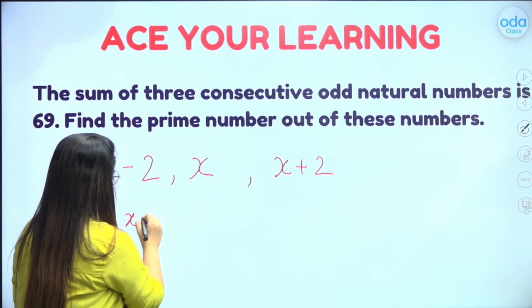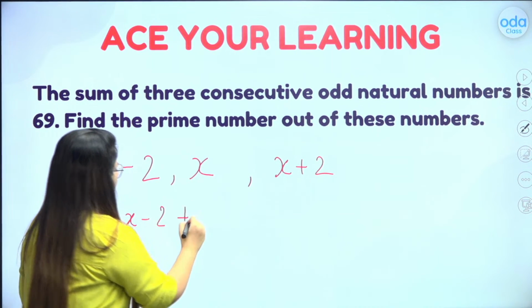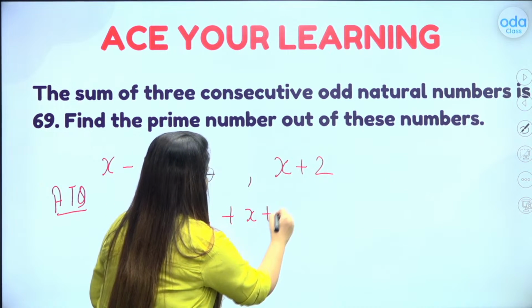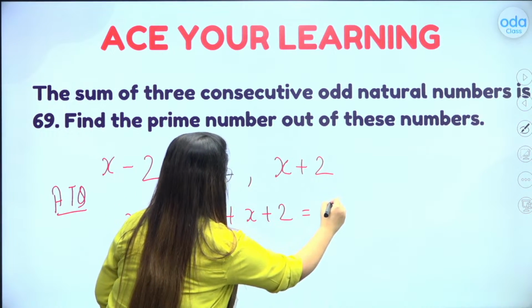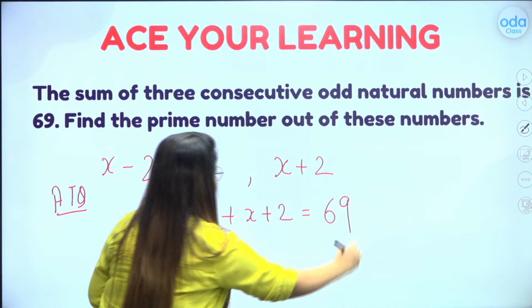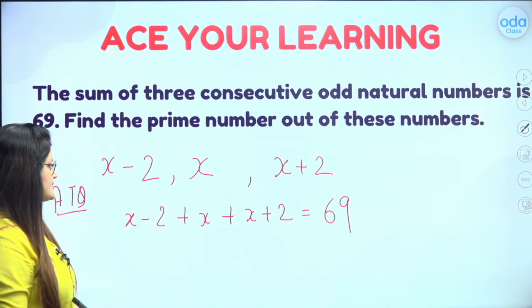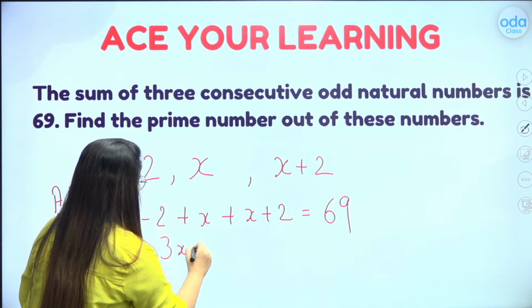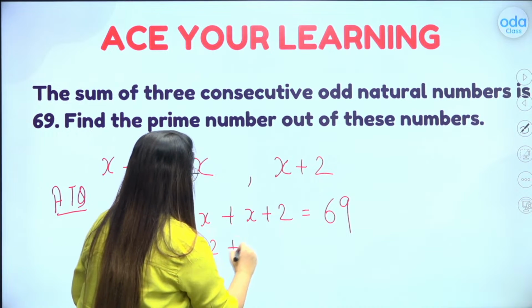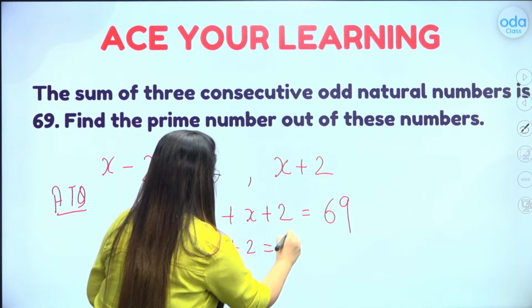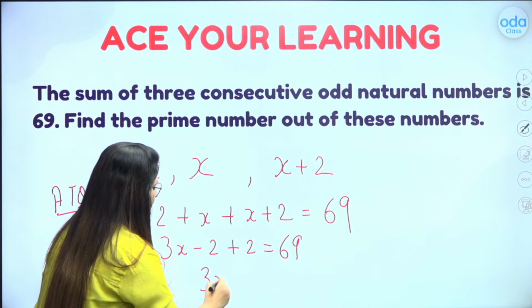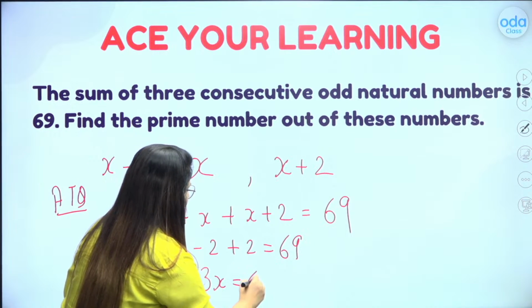So this says x minus 2 plus x plus x plus 2 is equal to 69 as per the question. So we can say that this is 3x, since minus 2 plus 2 cancels, is equal to 69.